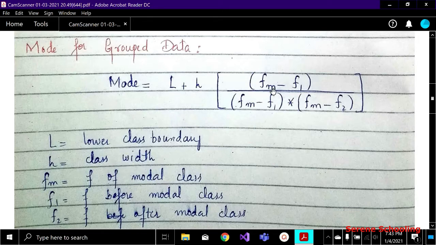So this fm, what is this? It means the frequency of the modal class. The class where the mode occurs is called the modal class, and the frequency of that particular class is called fm. f1 means the frequency just above the modal class frequency, and f2 means the frequency just after the modal class frequency.